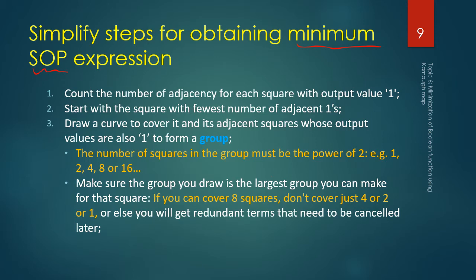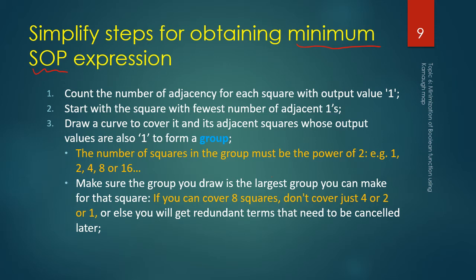Then we draw a curve to cover it and its adjacent squares whose output values are also 1 to form a group. So step 3 is to use some drawing to form a group.